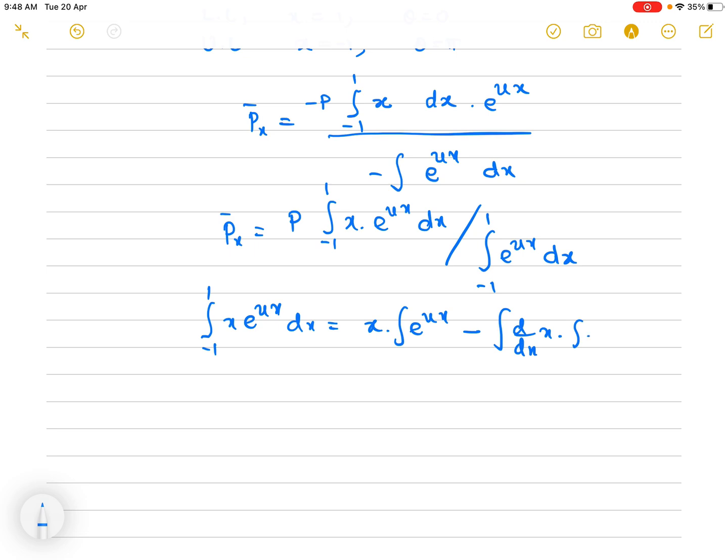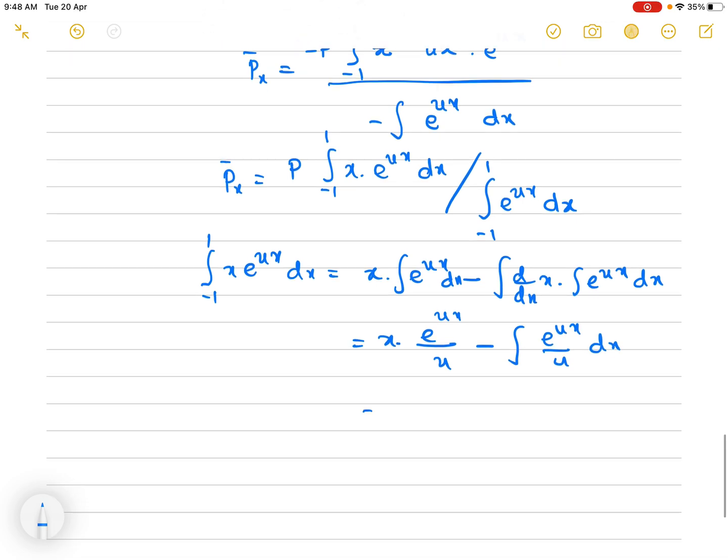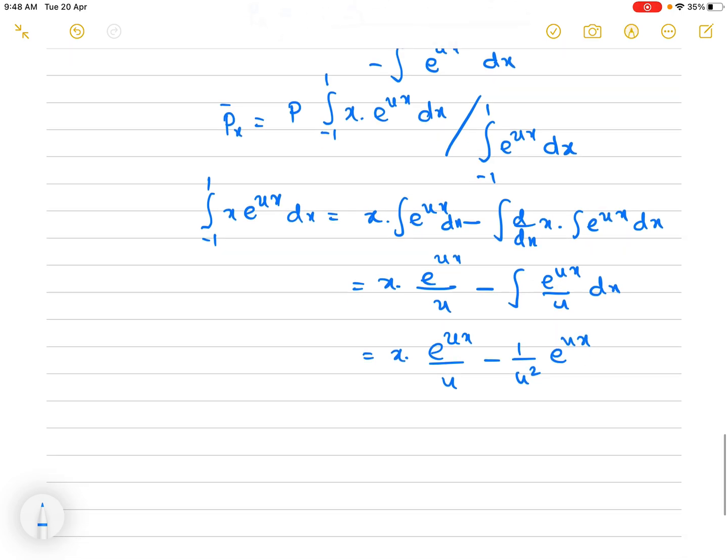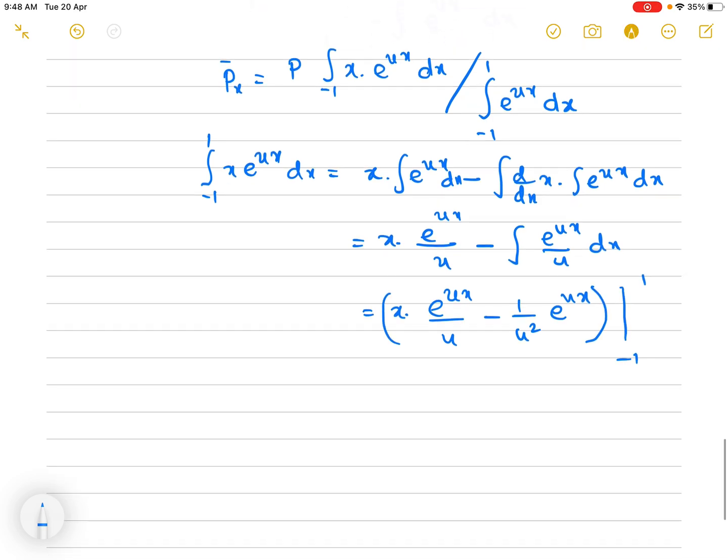So this is x e power ux by u minus 1 by u square e power ux. The limits are minus 1 to plus 1. So this is e power u by u minus 1 by u square e power u, minus of minus e power minus u by u minus 1 by u square e power minus u.